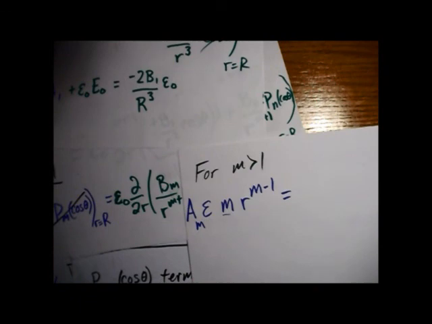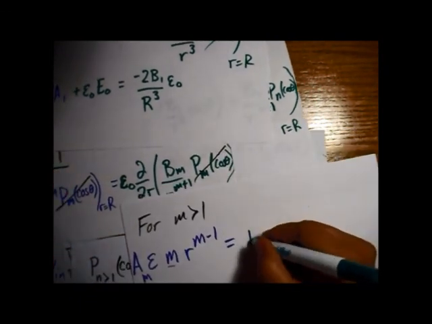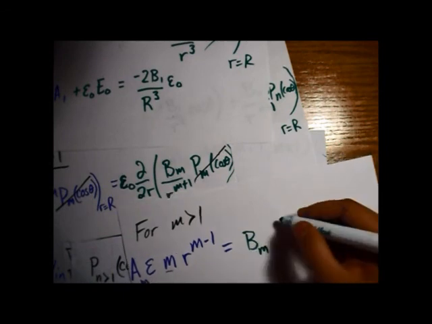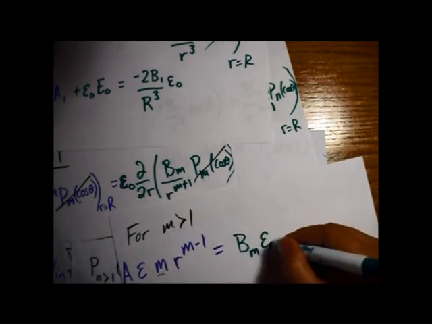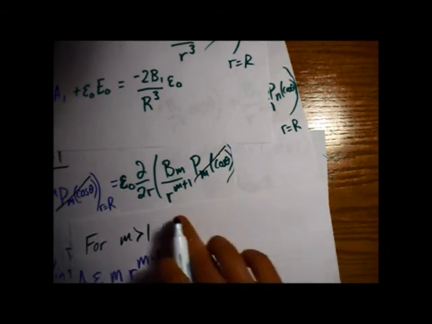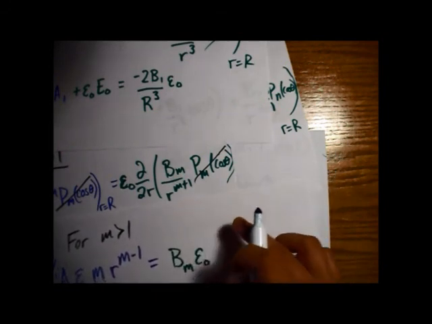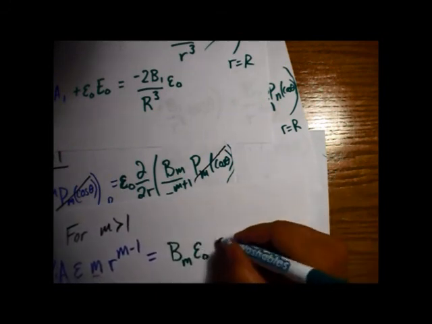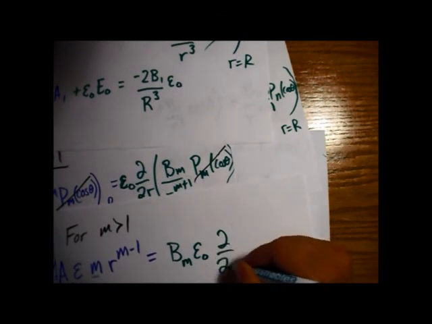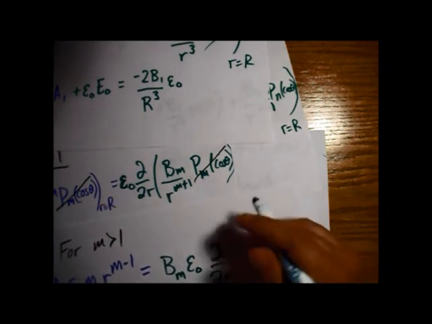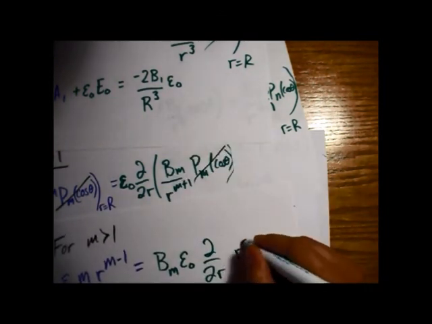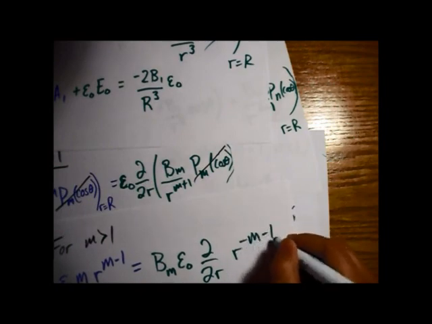And on the other side, what do we have? I'll write our b_m here out front, and epsilon naught. Now we're taking, well, I'll just write this out. The derivative with respect to r of, I'm going to bring this up to the top, minus m minus 1.